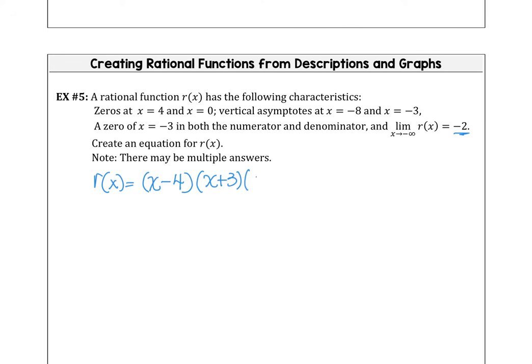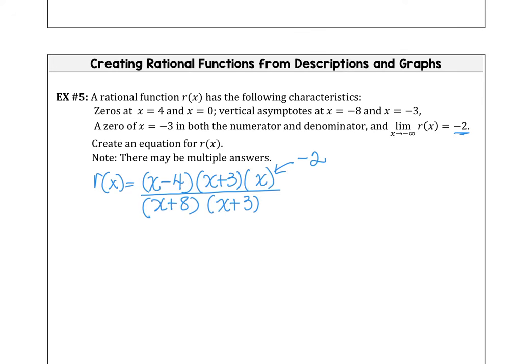So I know I need an x here, but I'm not sure how we can get that -2 in there. In the denominator, we've got a vertical asymptote at -8, so x plus 8, and we've got a vertical asymptote at x plus 3.